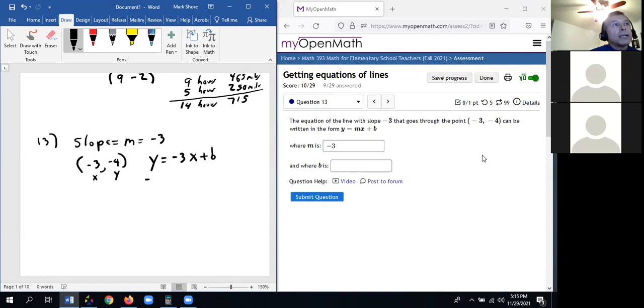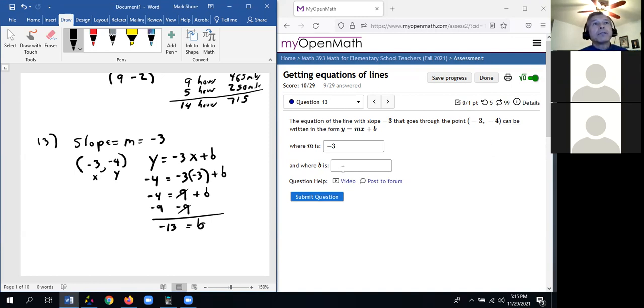So if we do that, we get -4 equals -3 times the x, which is also -3, plus b. So now we just have to work this out. So we get -4 equals 9 plus b. Subtract 9 from both sides, and you get b equals -13. So that would be your b right there, -13.